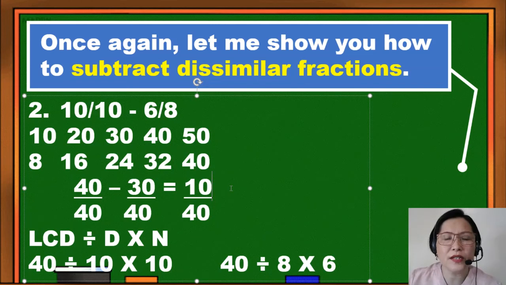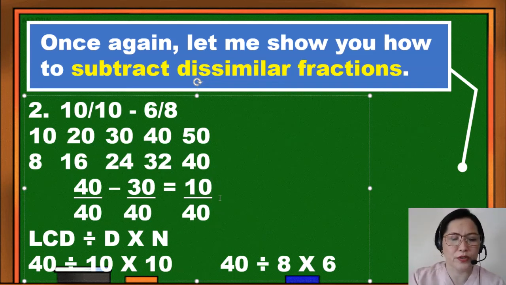Now, look at the answer. 10 40ths. Is it the final answer? No, that's not yet the final answer. We can reduce it. What are we going to use? Yes, GCF, because 10 40ths is a proper fraction.